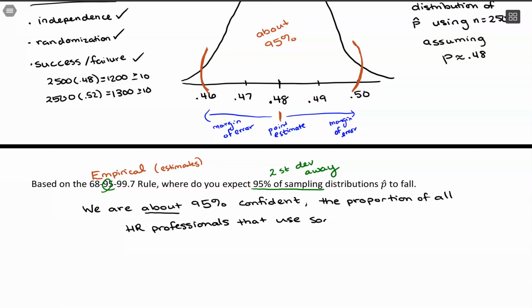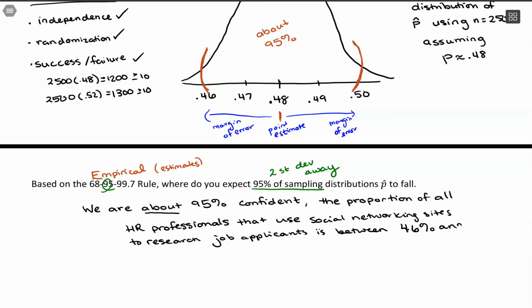Let's see. Social networking sites to research job applicants is between, and here's our interval where we have this lower bound of 46% and upper bound of 50%.